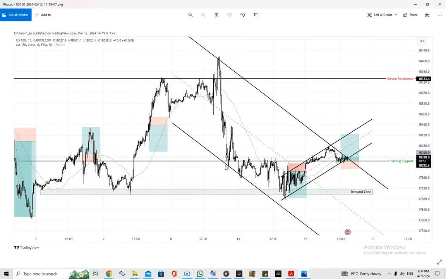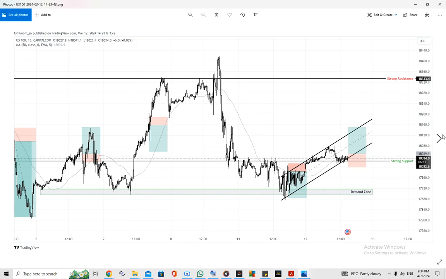It touched it here, it touched it here, but then look at this level and this level. So this channel was just compromised. So I drew another descending channel, but I was conflicted. Around 2:30, we had CPI on the 12th of March, if I remember correctly.